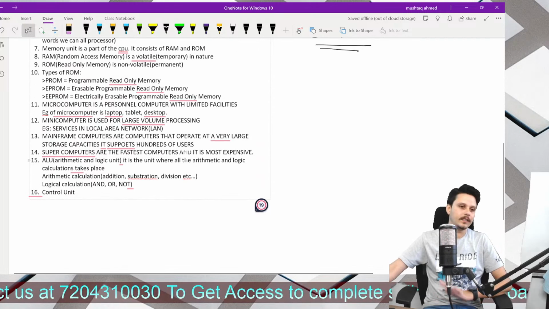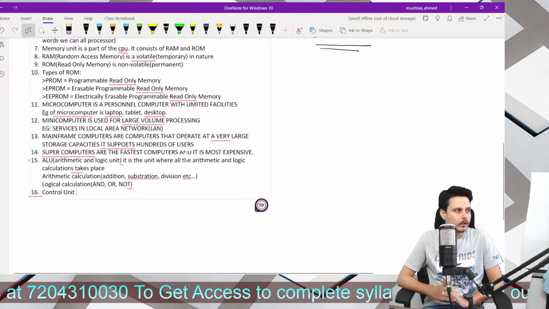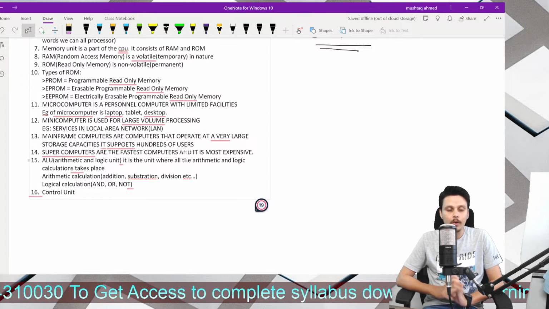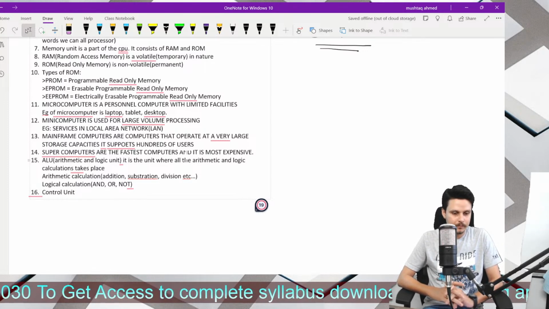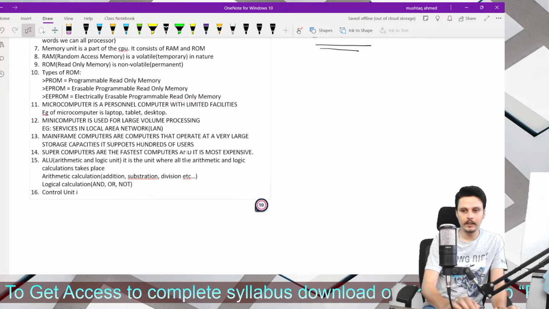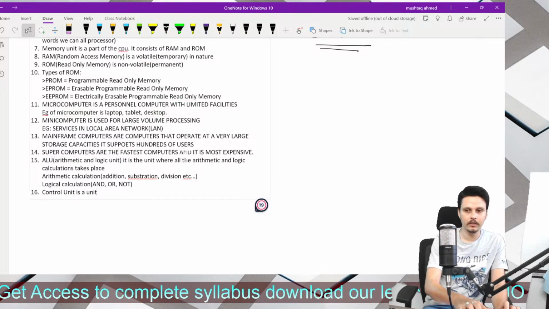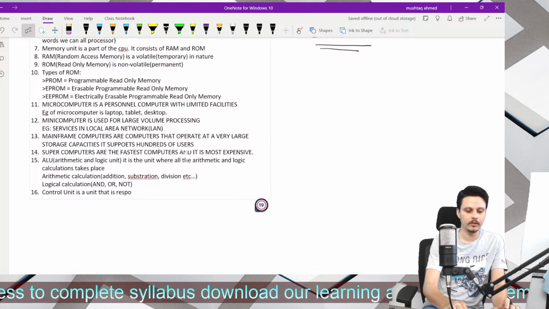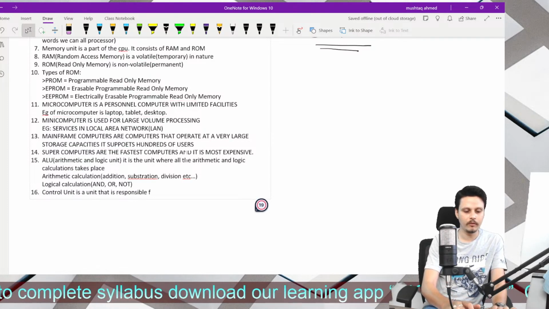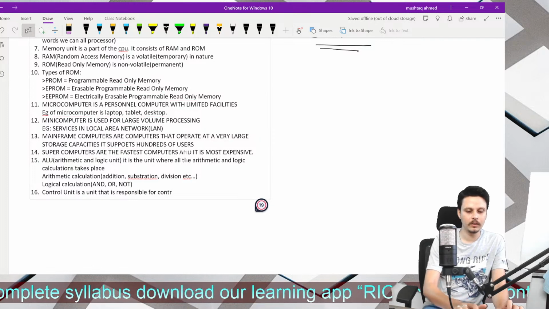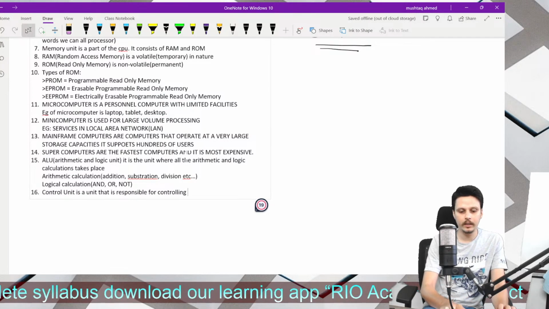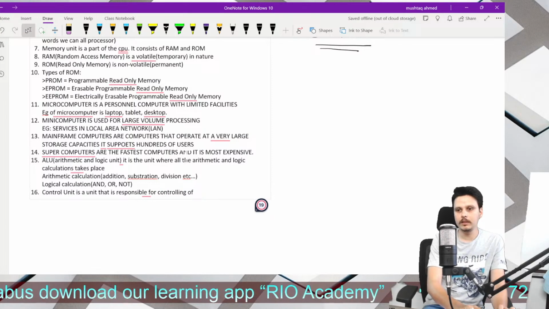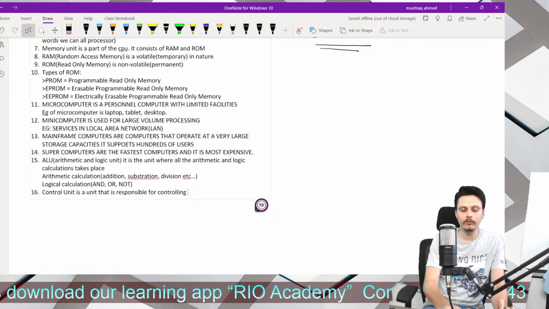Control unit is the unit that is responsible for controlling the transfer of data.